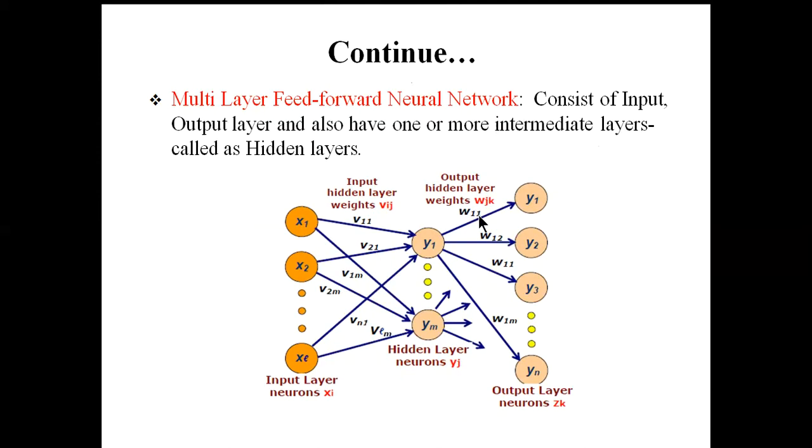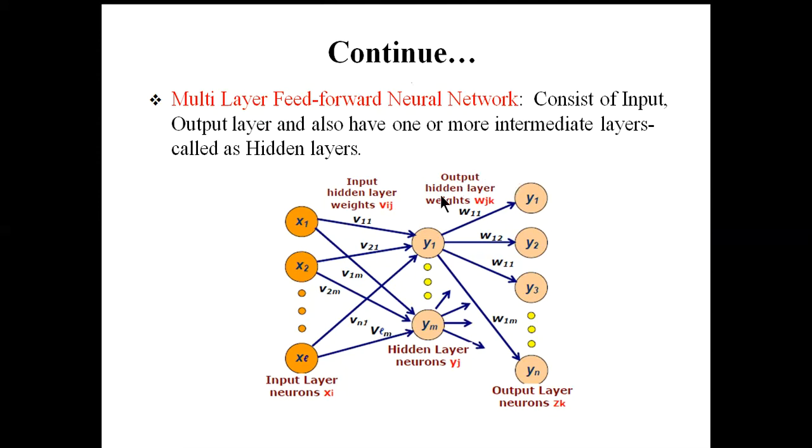Okay, now the second type of feed forward neural network is the multi-layer feed forward network. So in case of the multi-layer feed forward neural network, similar to the earlier cases, there is an input layer and an output layer, and the nodes of the input layer are called input layer neurons or input layer nodes.